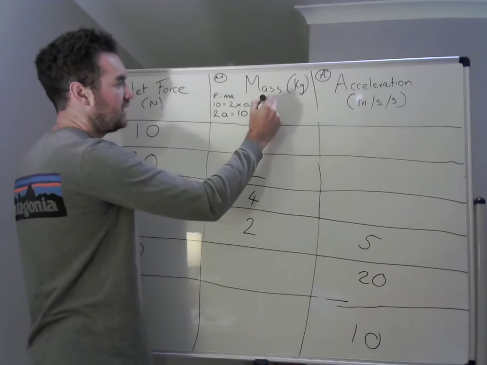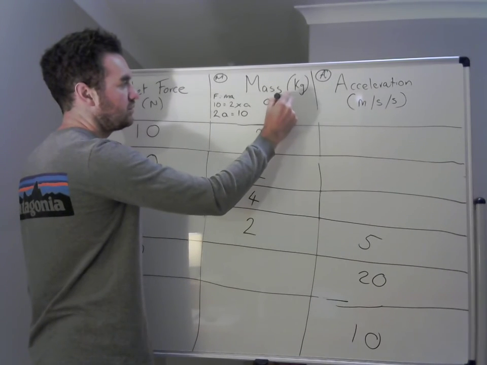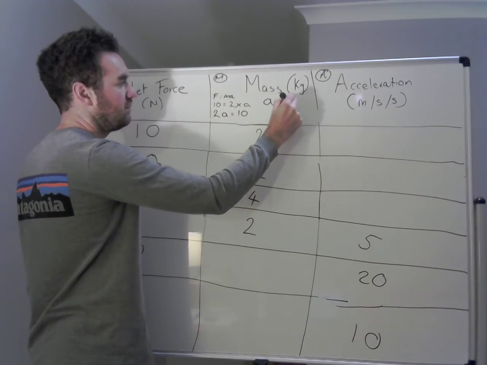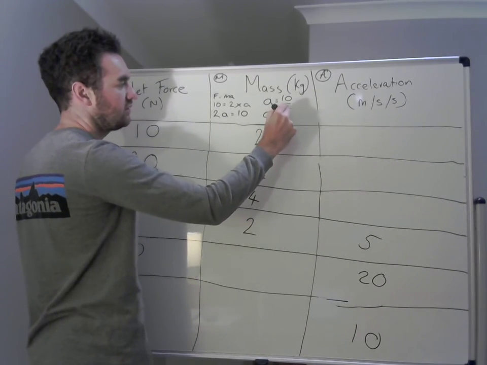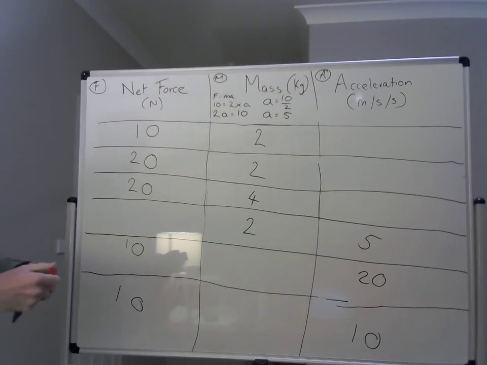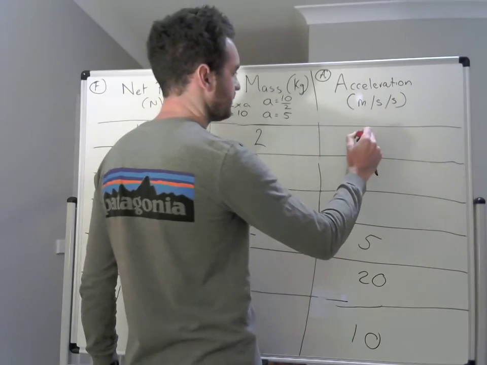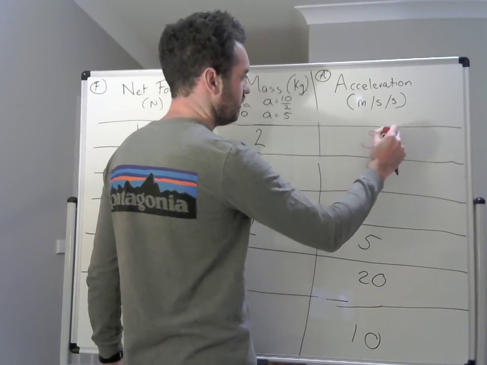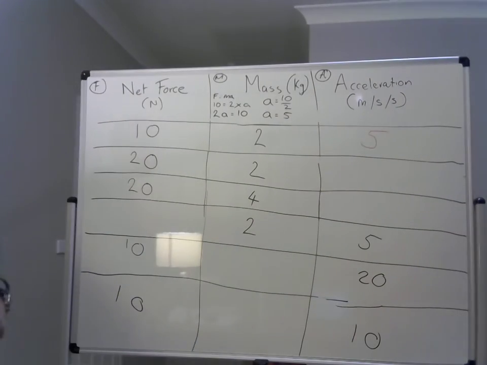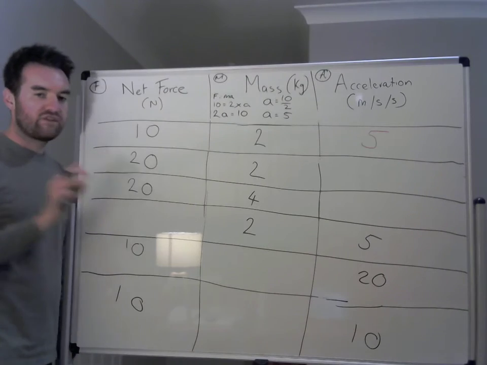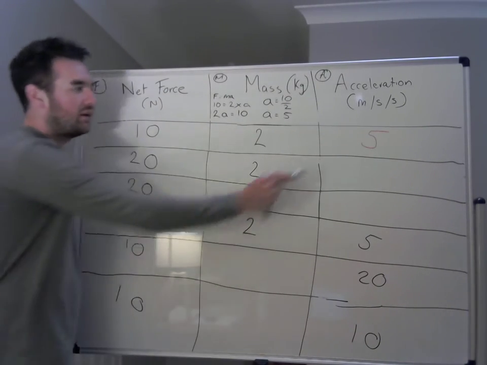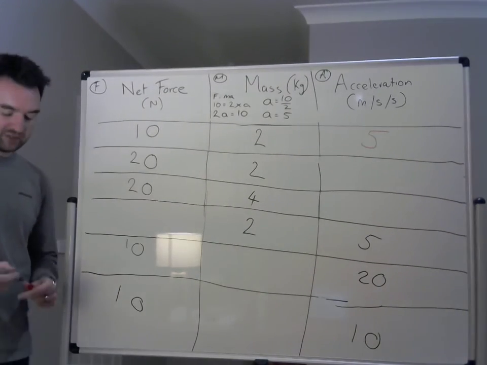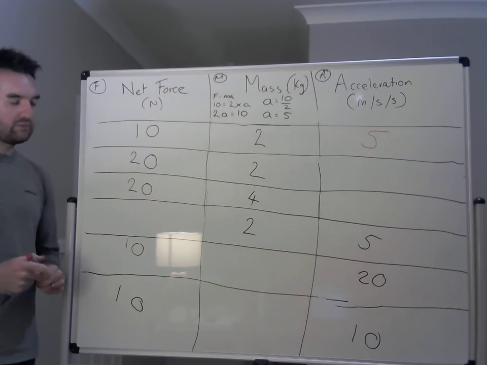Well, a must equal 10 divided by 2. a equals 5. So the acceleration would be 5 meters per second squared. So if I use 10 newtons of force on an object that's 2 kilograms, it will have an acceleration of 5 meters per second squared. Okay, cool.